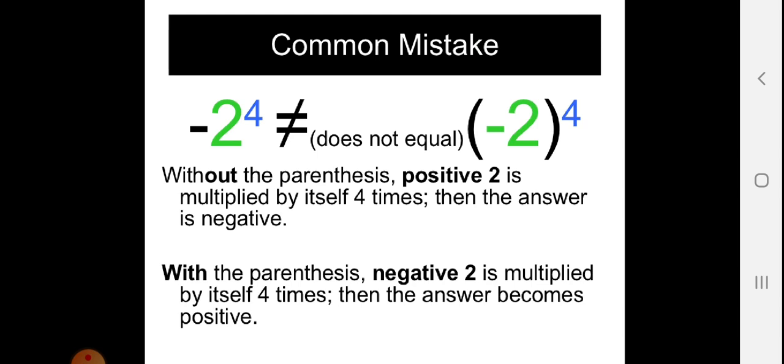And whenever your power is even, your negative number turns positive. But at the same time, if the negative number has an odd exponent or odd power, that turns out to be a negative result. So without the parenthesis, positive 2 is multiplied by itself 4 times, and then the answer is negative. With the parenthesis, negative 2 is multiplied by itself 4 times, and then the answer becomes positive.